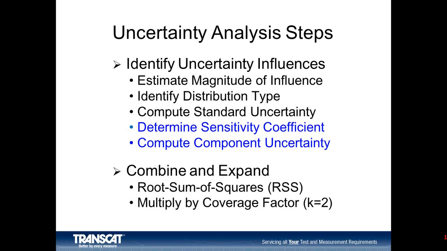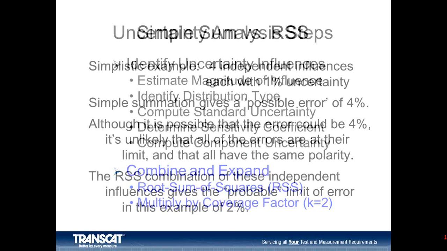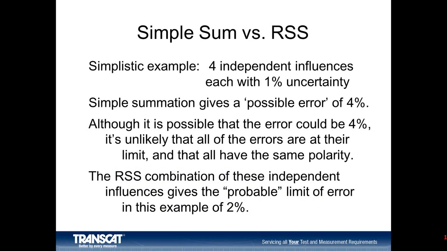Once we have that, we can combine those to represent the combined uncertainty in the process. And that combination is generally root sum of squares. But that root sum square combination is dependent on those uncertainty influences being independent, not related to each other.